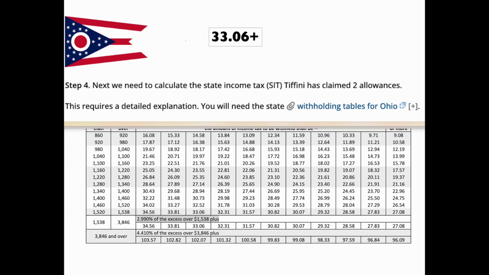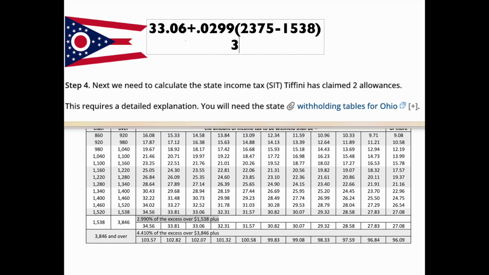Now, because the percentage is 2.99%, when we do our calculation, we want to put that as a decimal, so that's going to be 0.0299. And then in the parentheses, we're going to see how much goes over the 1,538. Now, I'm going to carry down the 33.06 and the percentage.